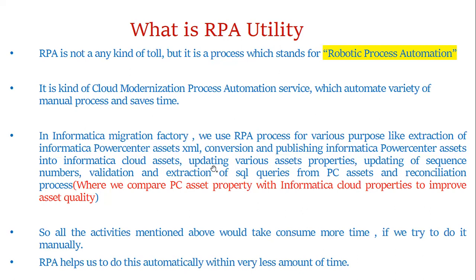This is very useful in the Informatica migration factory, where we use the RPA process for various purposes like extraction of Informatica Powercenter asset XML, then conversion and publishing of these Powercenter assets into Informatica cloud assets, as well as updating various asset properties, updating sequence numbers, validation and extraction of SQL queries from the Powercenter assets, and performing the reconciliation process, which we generally perform after conversion of the Power Center asset into the Informatica cloud asset and after validation is done in the Informatica cloud.